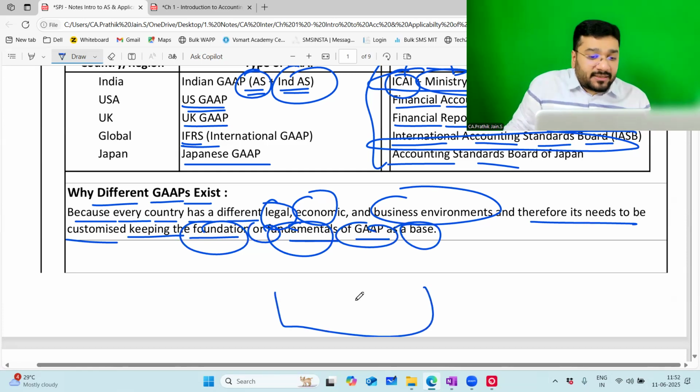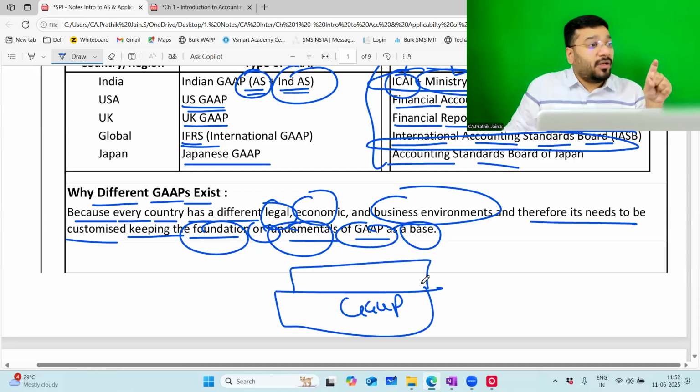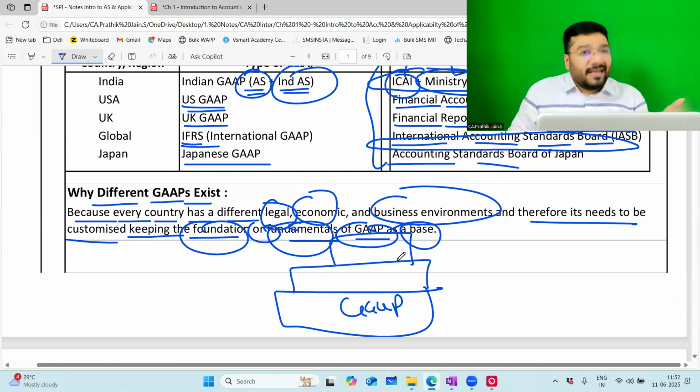So GAAP is base. Based on this, you will also apply your country's laws, rules and regulations, the legal environment, the business environment. You keep all that in mind, and on top of that, you develop something called US GAAP, Indian GAAP, IFRS, etc. Any problem here?